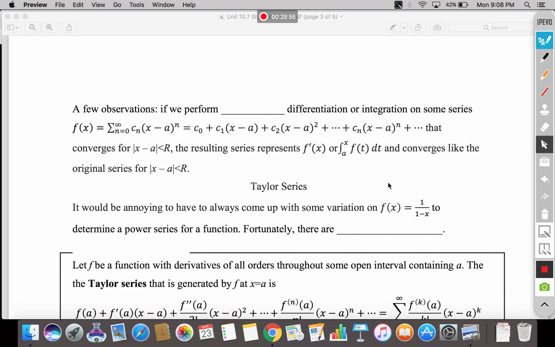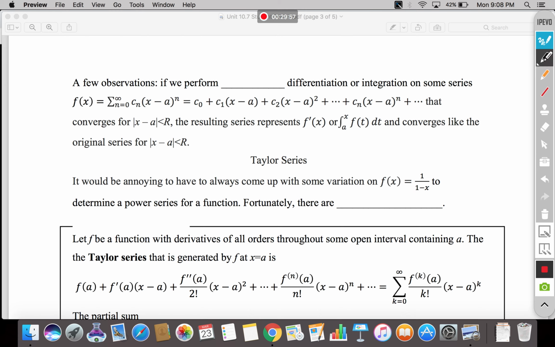But here's the thing. That's called term-by-term differentiation or term-by-term anti-differentiation. We did them both. If we do term-by-term differentiation or integration on some f of x which has a power series centered at a, and the series looks like this, and we know that series converges for some values, absolute value of x minus a less than something.